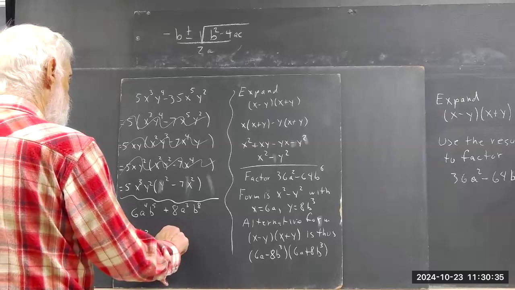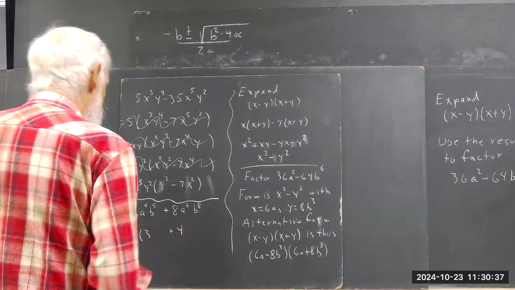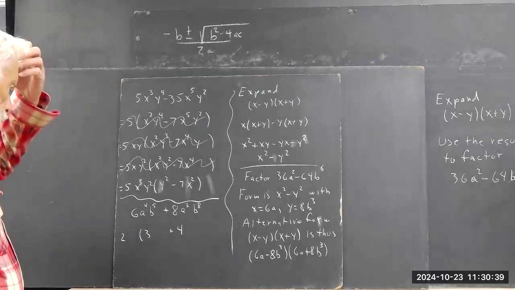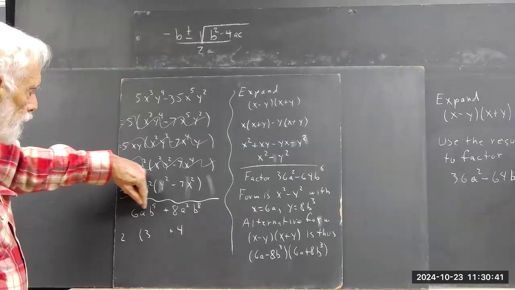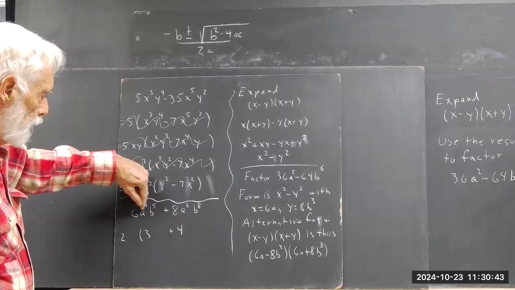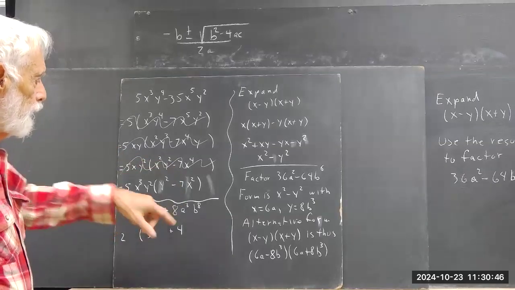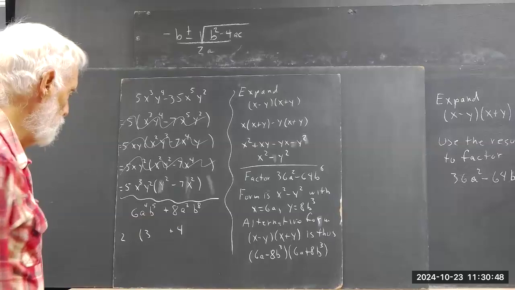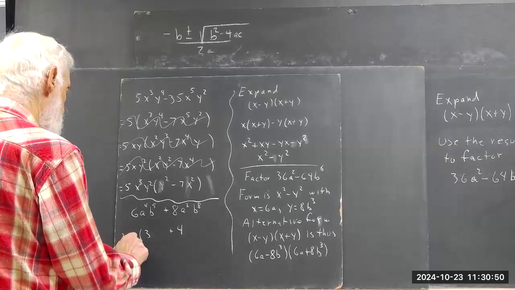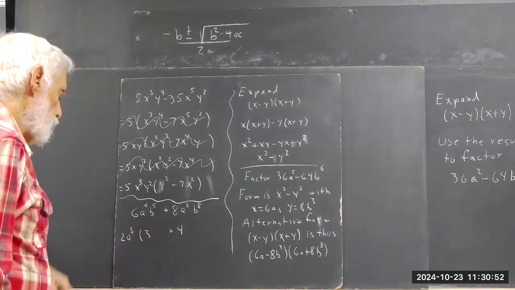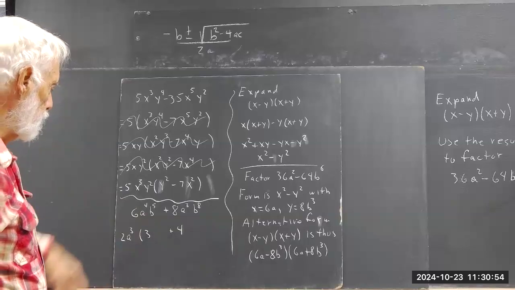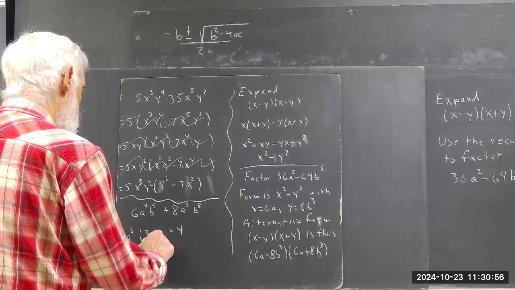That would leave us 3 here and 4 here. As far as a is concerned, we have an a to the 4th and an a to the 3rd. The biggest power of a we have is a to the 3rd. And of course, we're going to get an a to the 4th on this term. We're going to need an a.